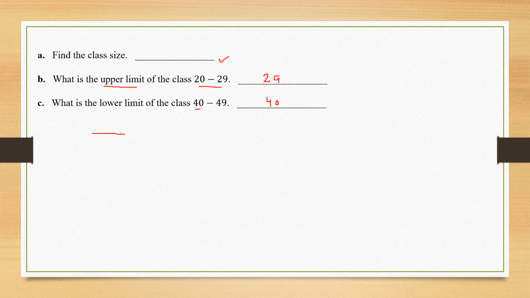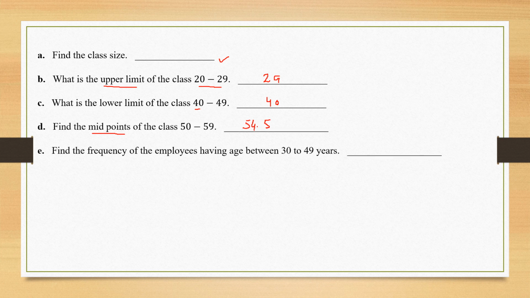Find the midpoint. As I told you, the midpoint and class mark are both the same, so we add both the numbers and then divide by 2, so the answer will become 54.5.